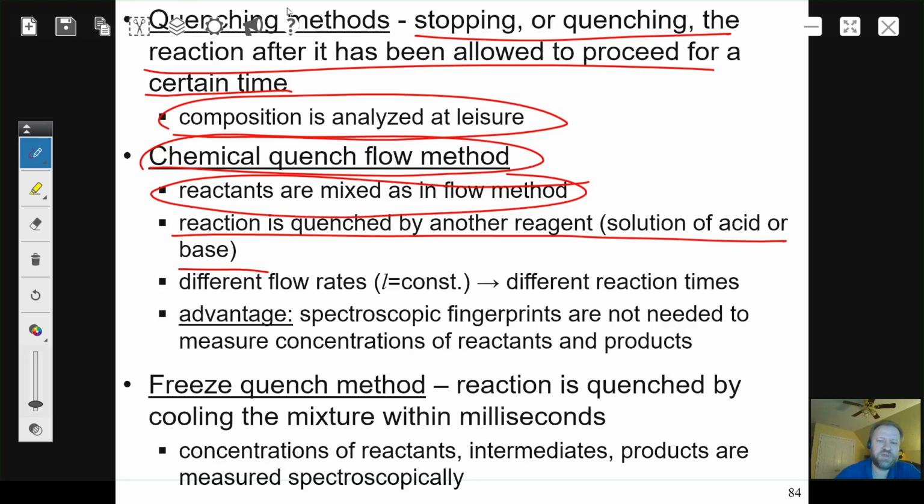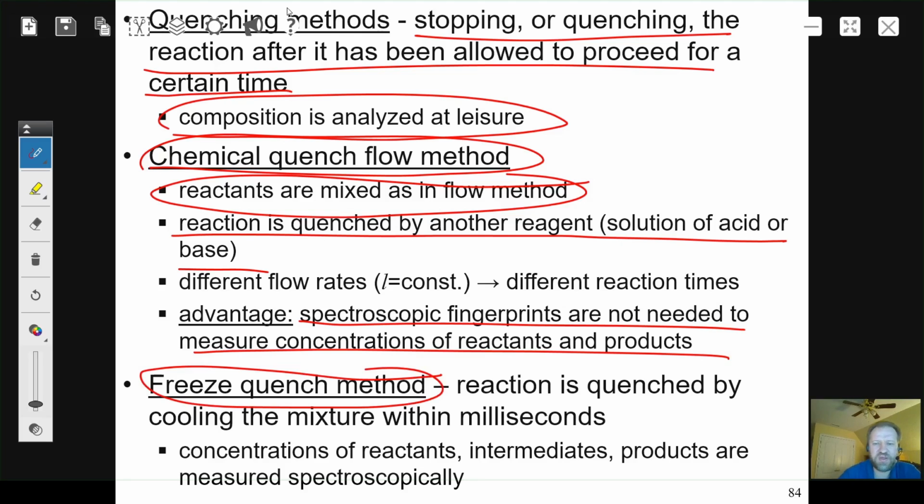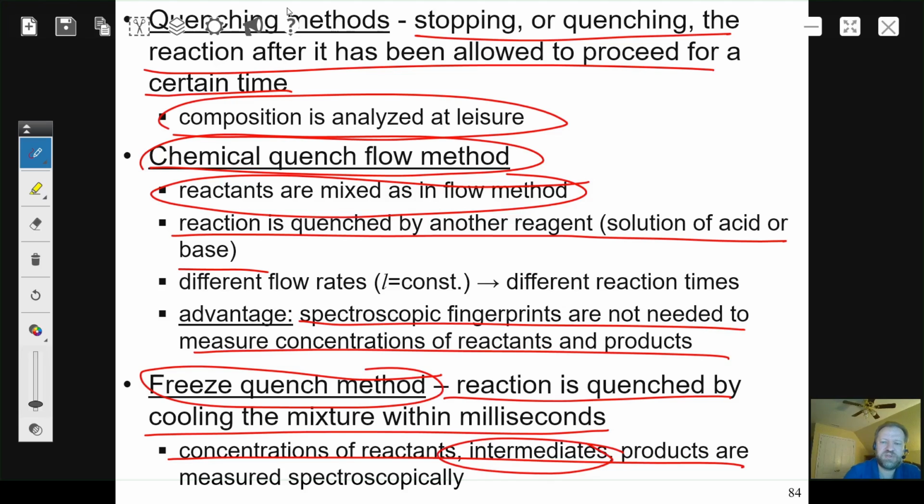The advantage here is that spectroscopic fingerprints are not needed to measure concentrations of reactants and products. The other fairly popular type of quenching method is the freeze quench method, where a reaction is quenched by cooling the mixture at a very high rate within milliseconds. And then, of course, concentrations of reactants, products, and perhaps even intermediates can be identified and measured spectroscopically.